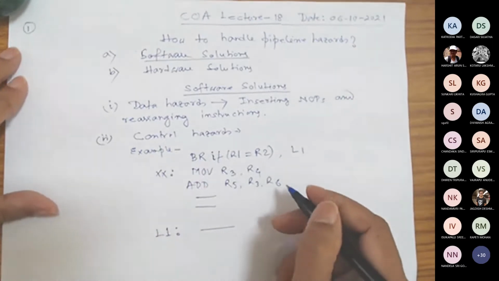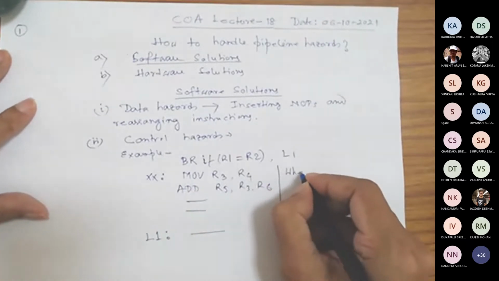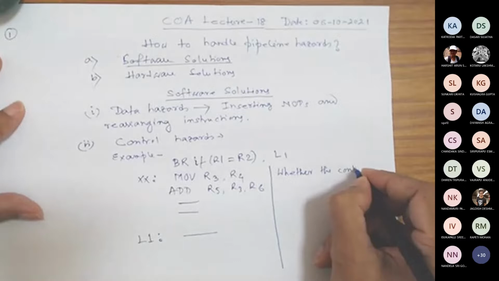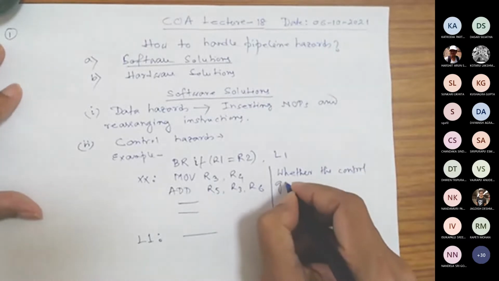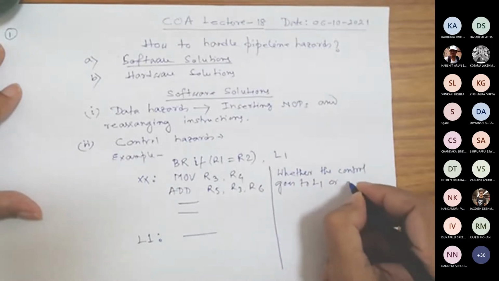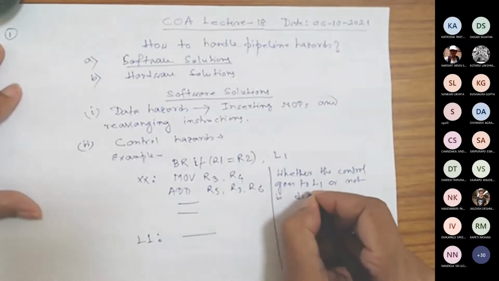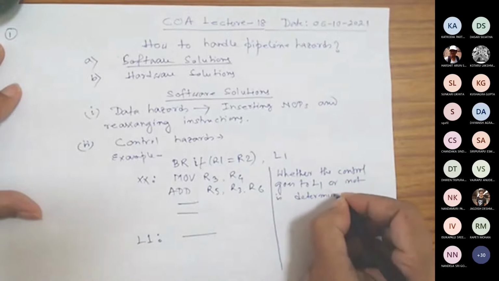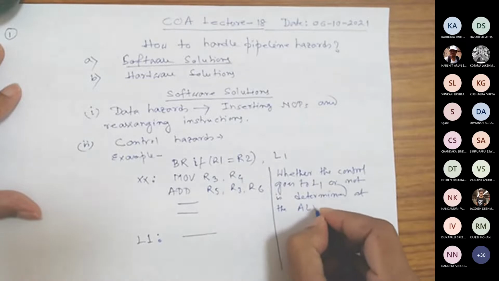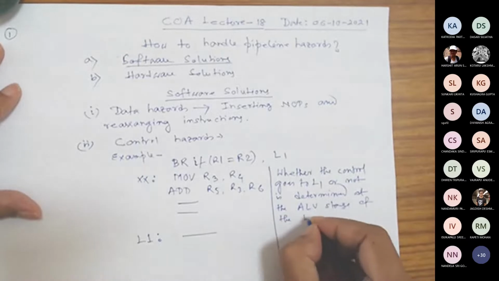So the problem here is that whether the control goes to L1 or not is determined at the ALU stage of the branch instruction.